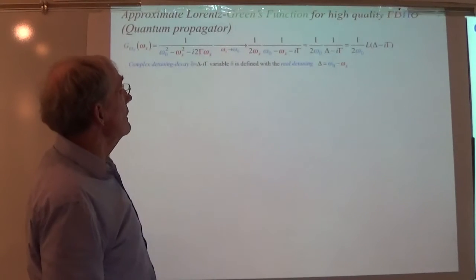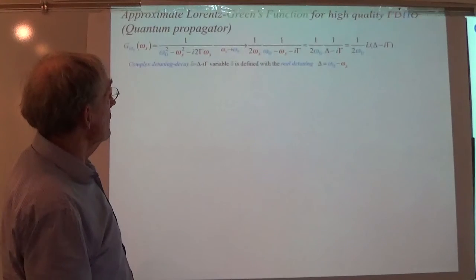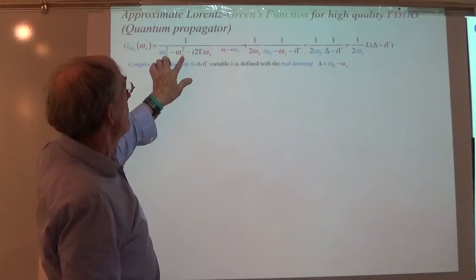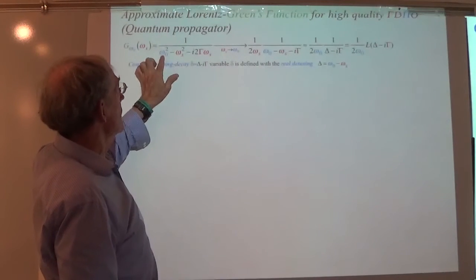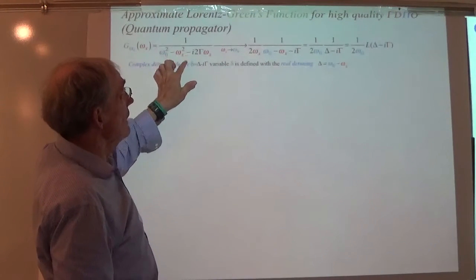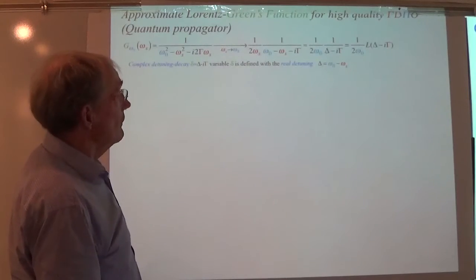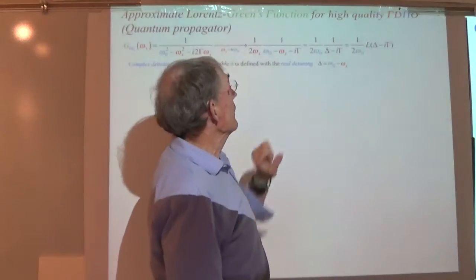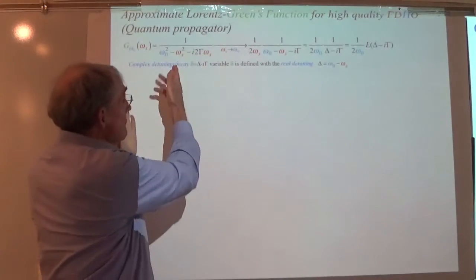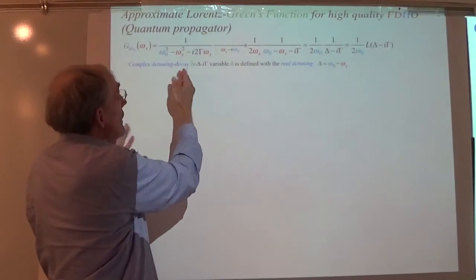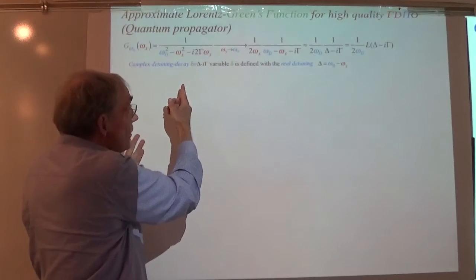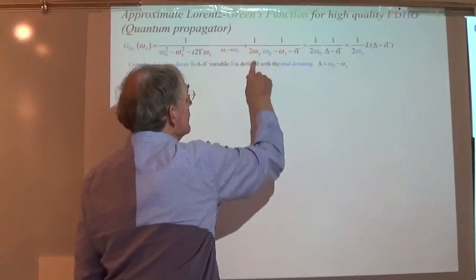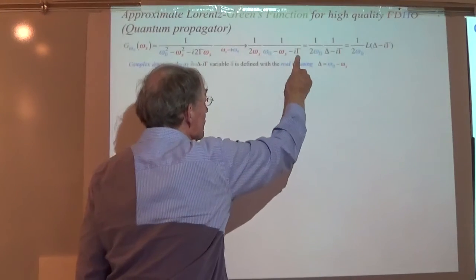So I take a 2 omega s out of this. Now this is omega 0 minus omega s times omega 0 plus omega s, and I treat omega 0 minus omega s as the variable that's important here, and the other part, omega 0 plus omega s, is just 2 omega s. So I multiply by that factor, and then I have it in linear form.